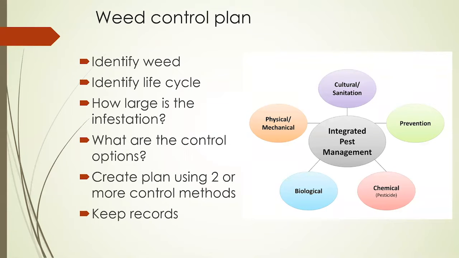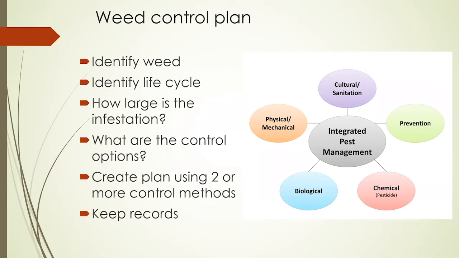So we try to come up with a weed control plan, and using IPM, developing a weed control plan is just the same as any other sort of pest control plan. We want to identify the pest, in this case it's a weed. We want to identify the life cycle of the pest, because we want to know if there's a stage in that life cycle where the plant is most susceptible to control methods.